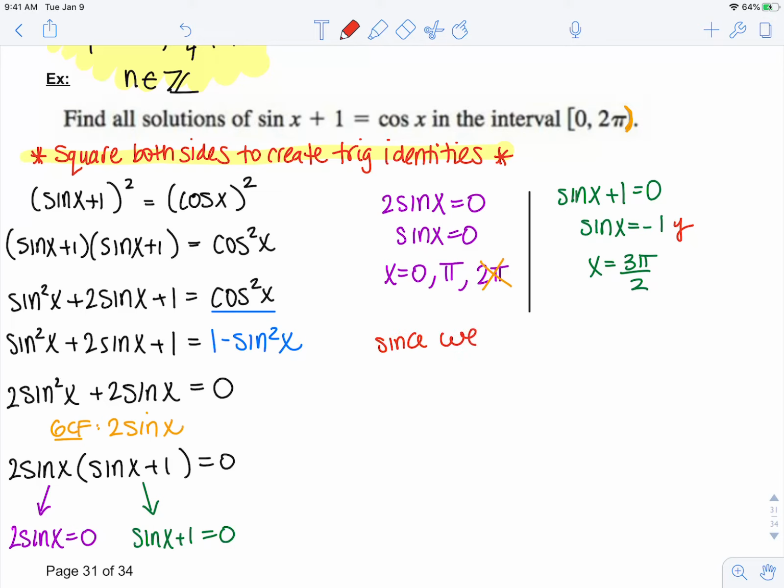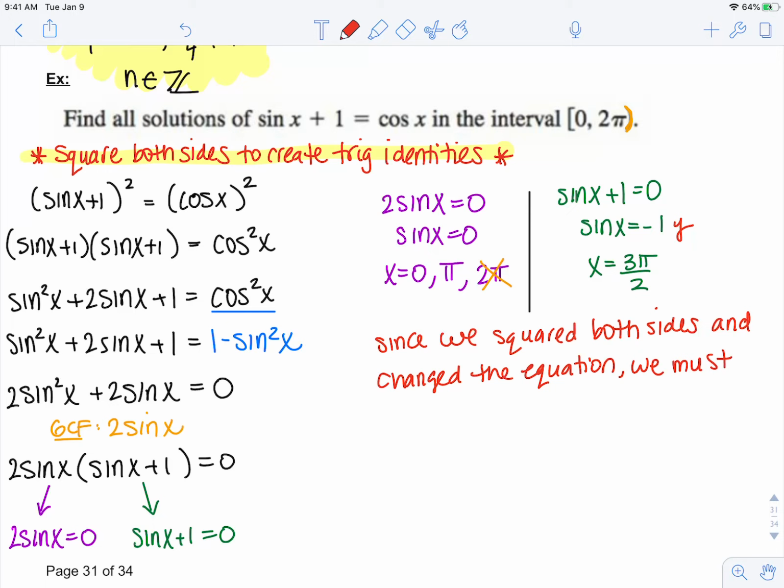Since we squared both sides and changed the equation, we must check for extraneous solutions.